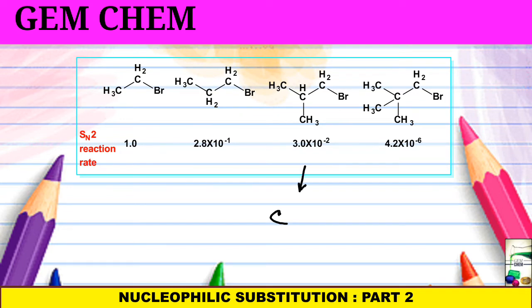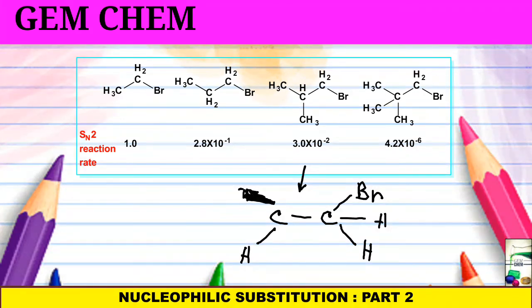In this case, there is hydrogen here, our bromine here, and the other two hydrogens here, right? And one of the CH3s will be present towards us, and another CH3 will be present away from us.